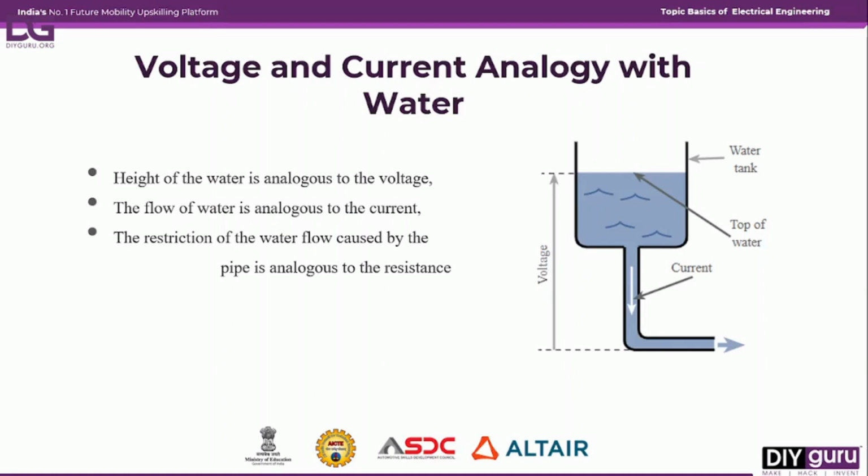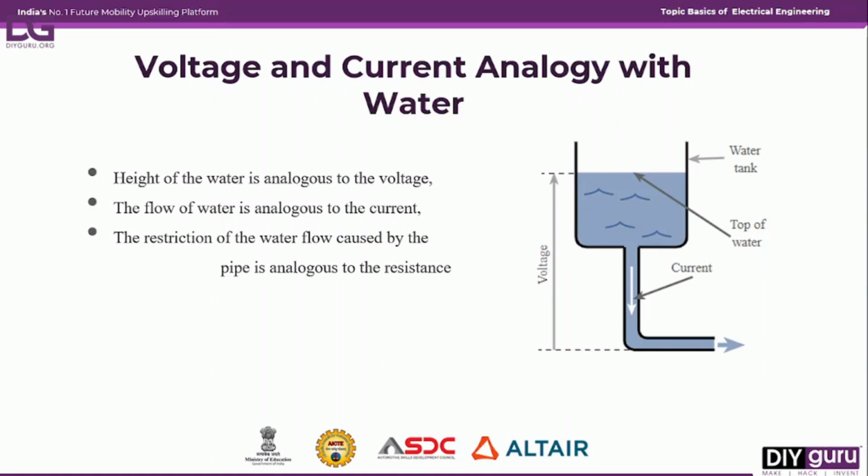Now you can see from this picture, when the height of the water increases, definitely the flow of water is increased, right? Means when the voltage is increasing, current also increases. Now the resistance: when there are some restrictions to the water in the pipe, caused by the pipe, if anything gets stuck in the pipe or if you have any other materials in the pipe, they will try to push the water back, or they will try to stop the water.